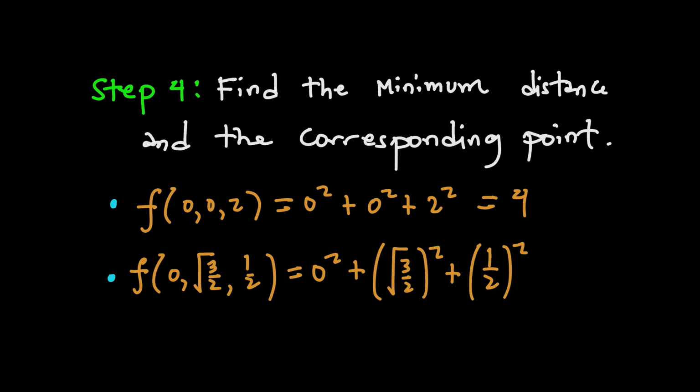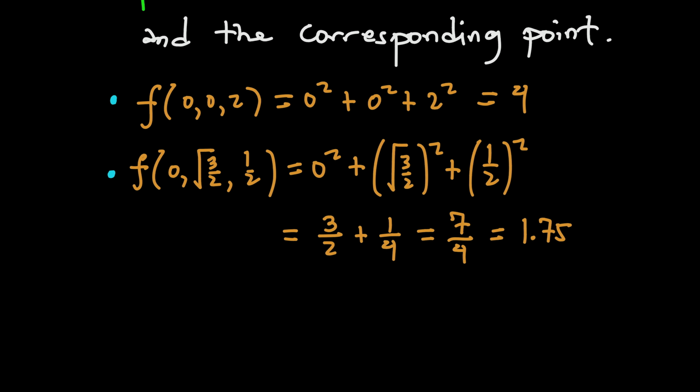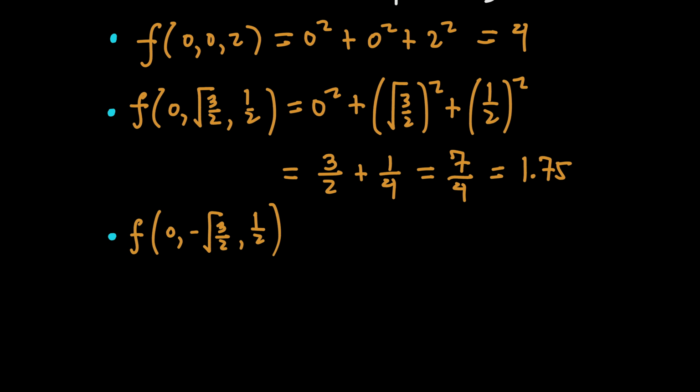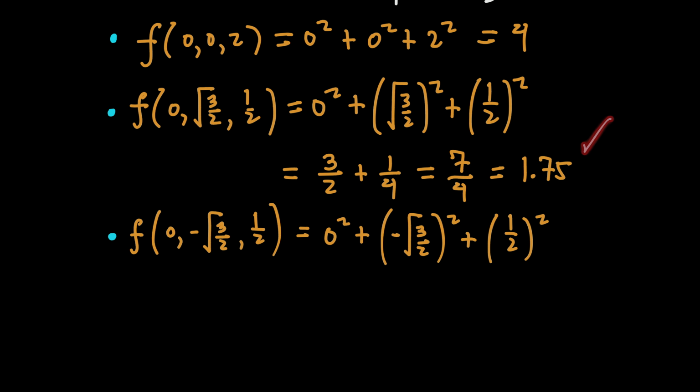And simplifying this one gives us this value, 7 over 4, which is equal to 1.75. And similarly, the next critical point also gives the same value as this one. Hence, we have 1.75.